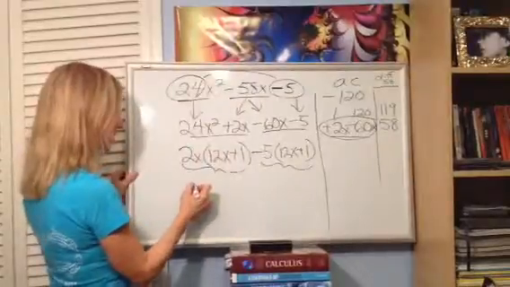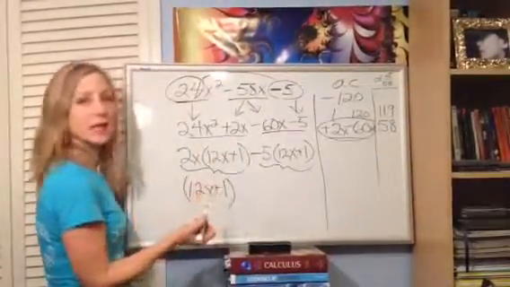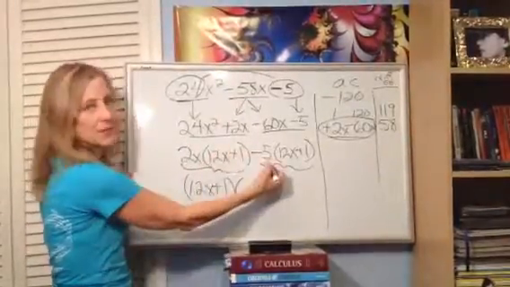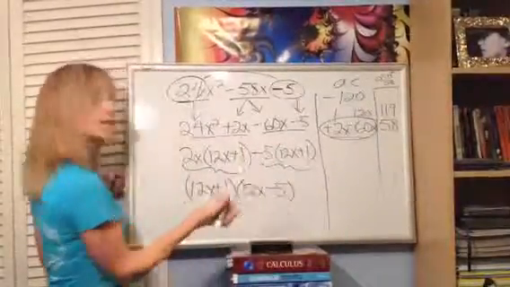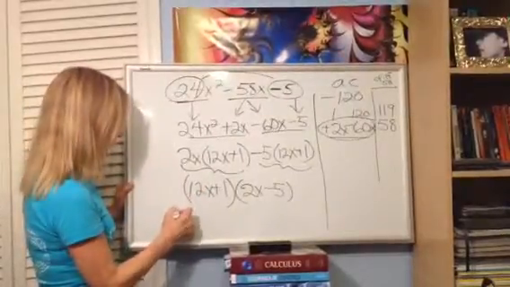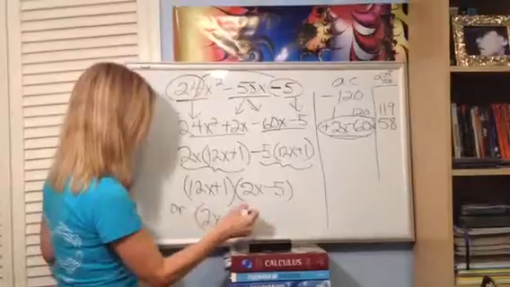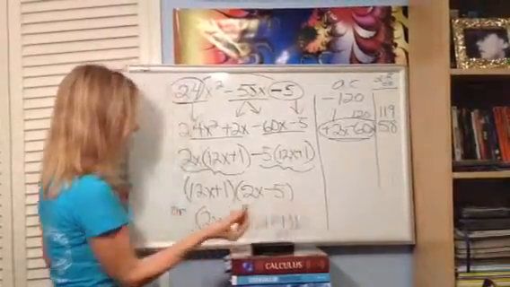So I can factor out the 12x plus 1, keep it grouped, and then open up a parenthesis, and what's left? 2x minus 5. And that's factored into two binomials. This is the same thing as 2x minus 5 times 12x plus 1. You can write it either way.